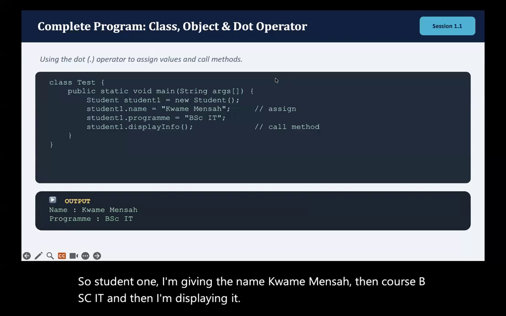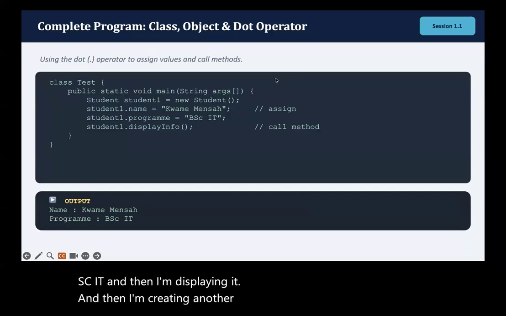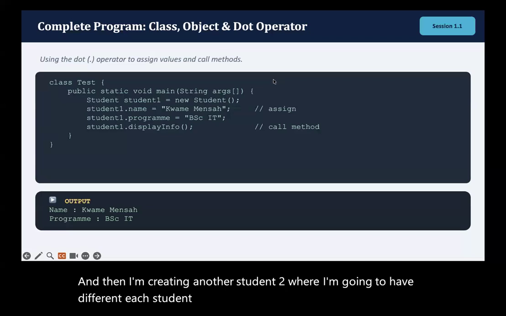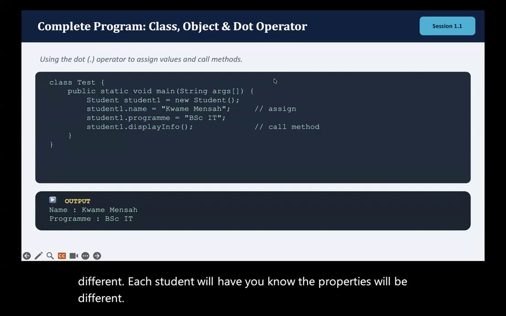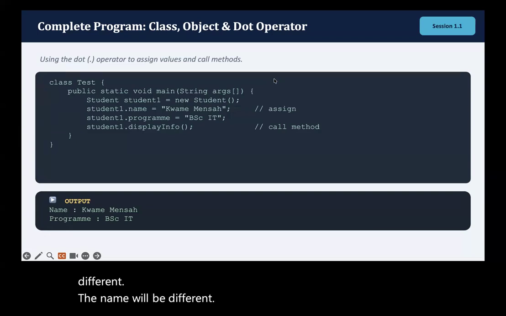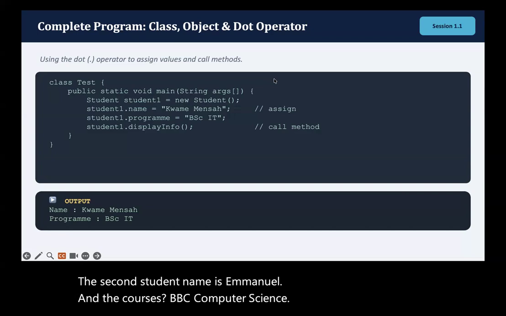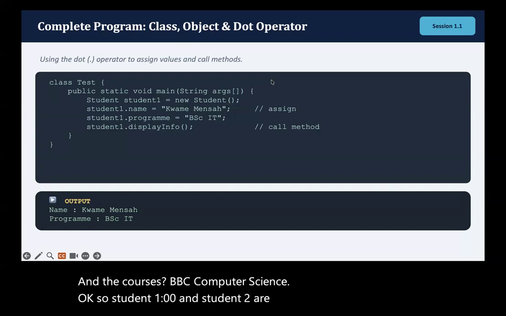Then I'm creating another, student2, where each student will have different properties, meaning the name will be different. The second student name is Emmanuel, and the course is BSc Computer Science.